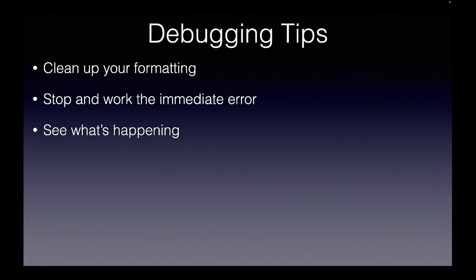In a loop, print out your counter or your accumulator so that you can see how it's iterating. Print a message at the top of a method or a function. I can't tell you how many times I've written a really good method and then forgotten to actually call it, and I put a print line statement in there and I run my program and realize I'm never even going into the method.